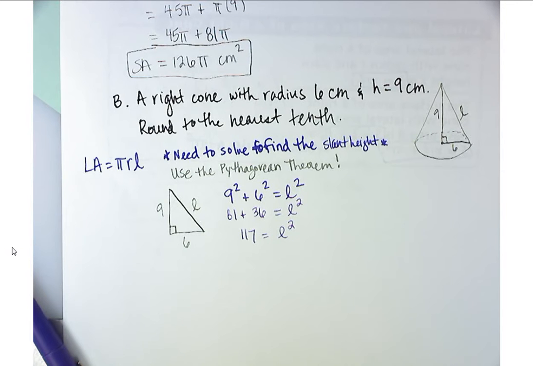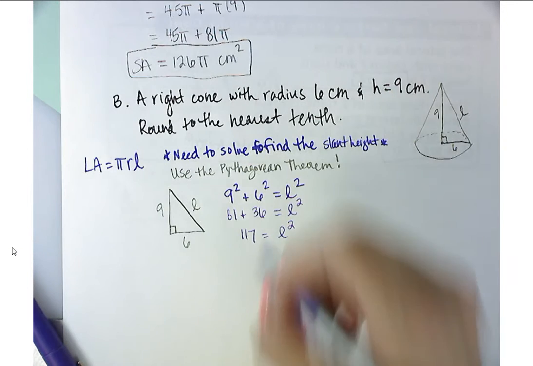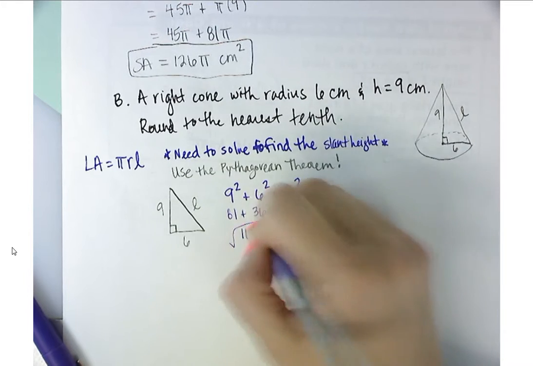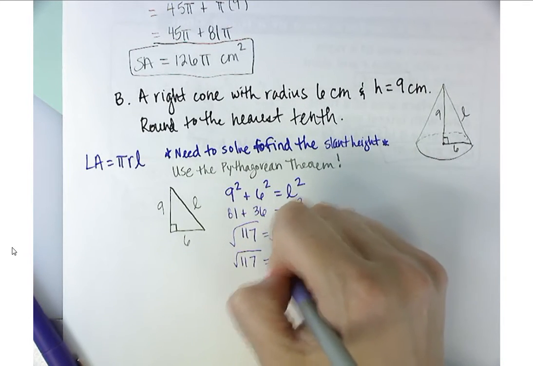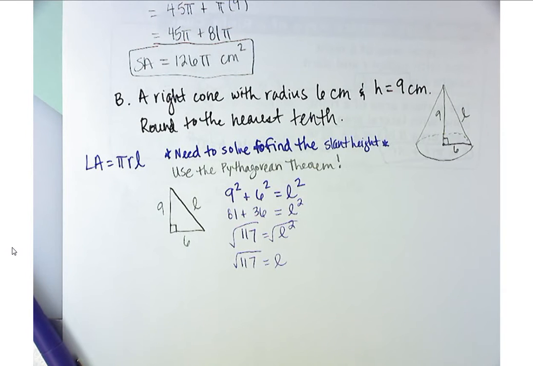Yeah, square root. Yep, you're going to take the square root of both sides. So I'm going to leave this as the square root of 117 because I don't want to round until the very end. I'm going to leave that as an exact answer for right now.